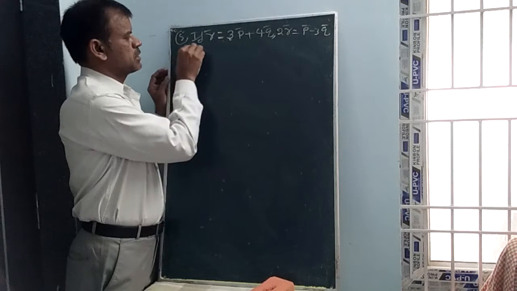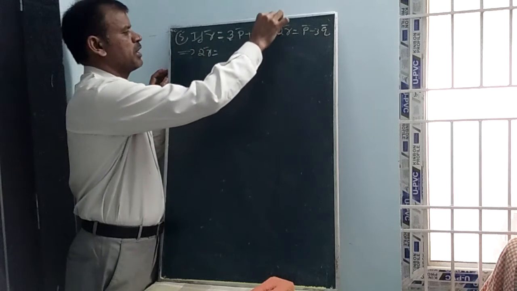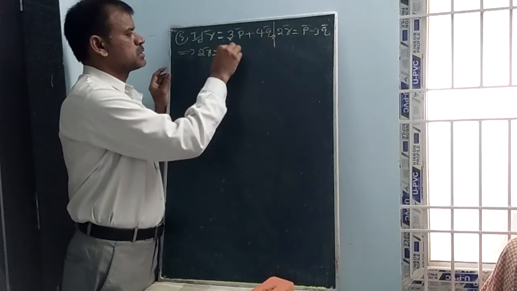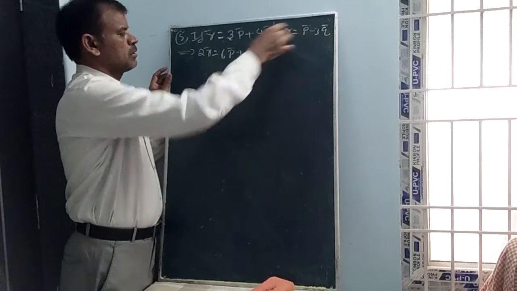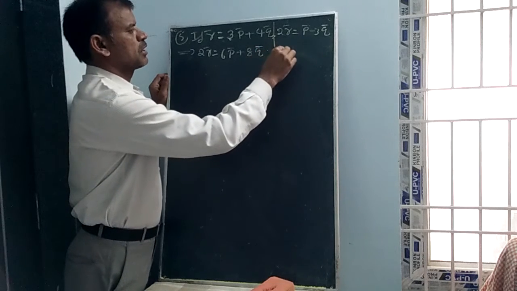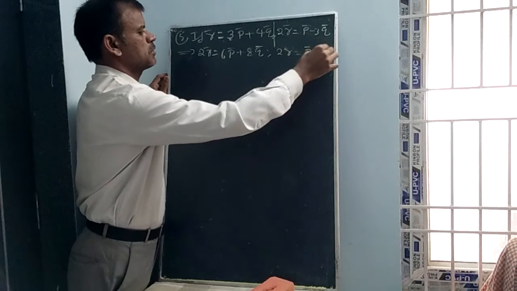Now multiplying 2 to this r bar, 2r bar is equal to 6p bar plus 8q bar. And the same 2r bar is given as p bar minus 3q.